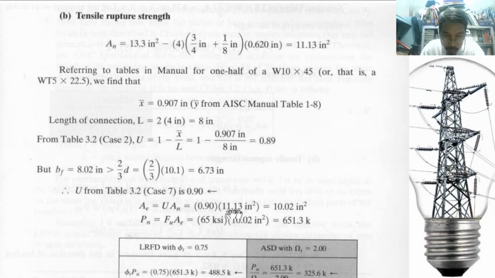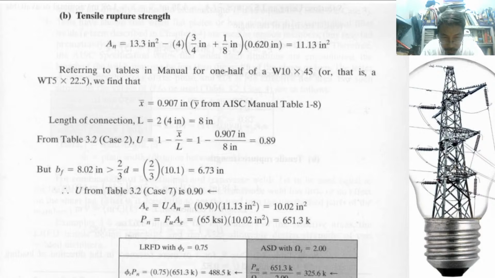Because we have the wrong value for 11.13, that is supposed to be 11.67. So 11.67 times 0.9, our effective area must be 10.5.